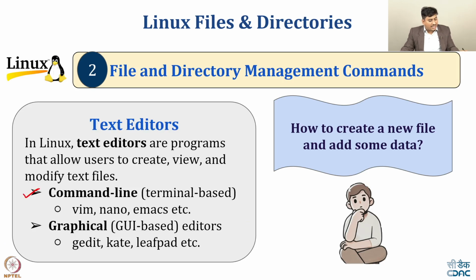First are command line text editors like Vim, Vi, Nano, Emacs, etc. There are also GUI based editors like gedit, leafpad, etc. Here we will see two widely used editors: Vim from the command line editors and gedit from the GUI based ones.